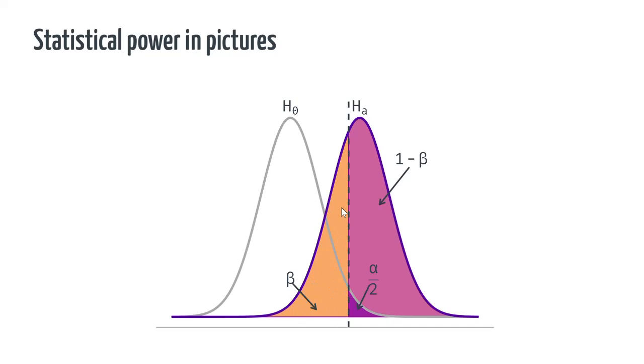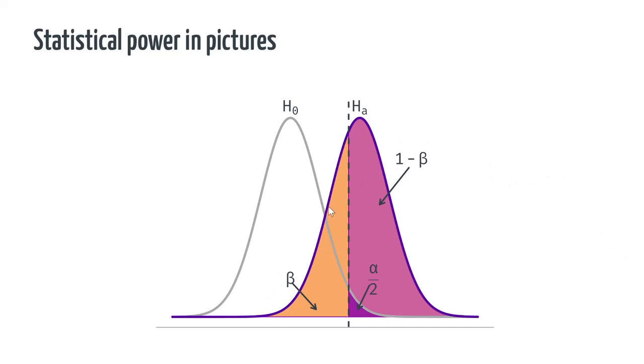So basically what this orange region here is telling us is the probability of making a type 2 error. And as we had seen in class, the probability of making a type 2 error is the probability of not rejecting the null hypothesis, given that the null hypothesis is not true.